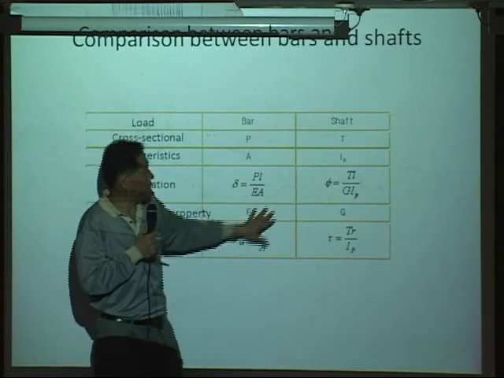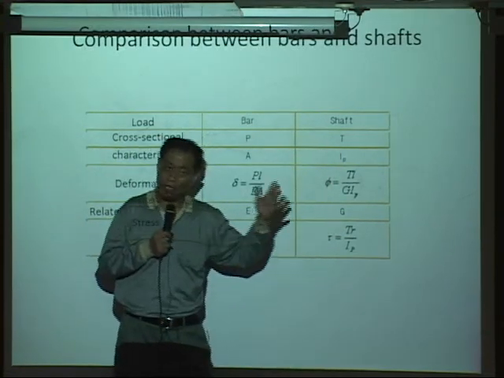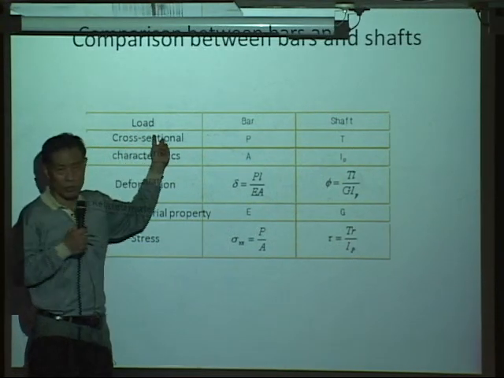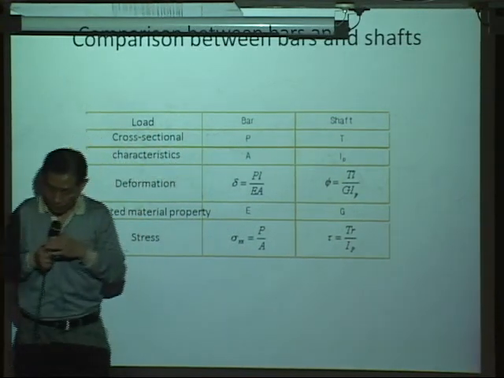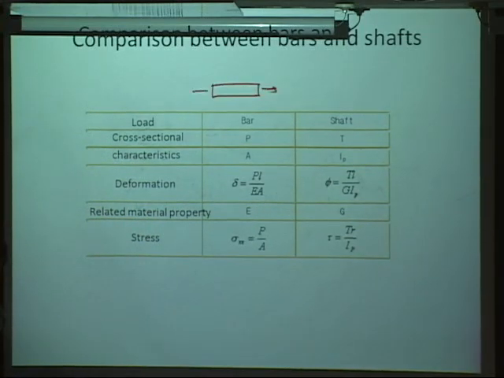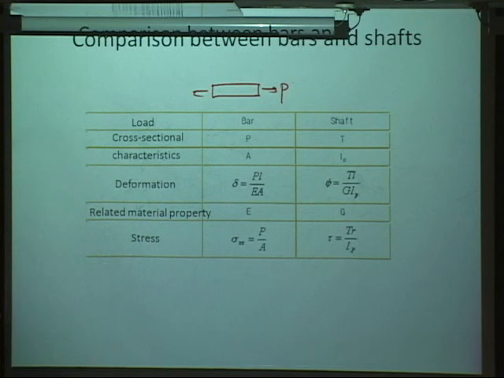This is the bar and this is the shaft. Let's compare term by term. The load we apply to the bar is simply P. The load we apply to the shaft is simply torque T.